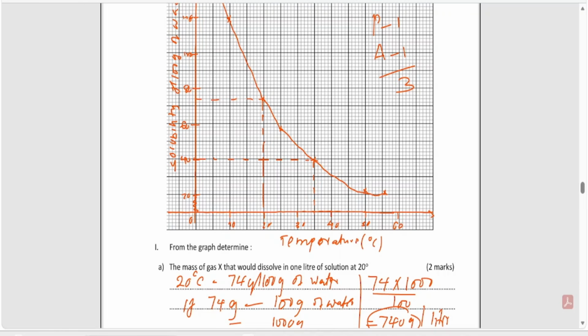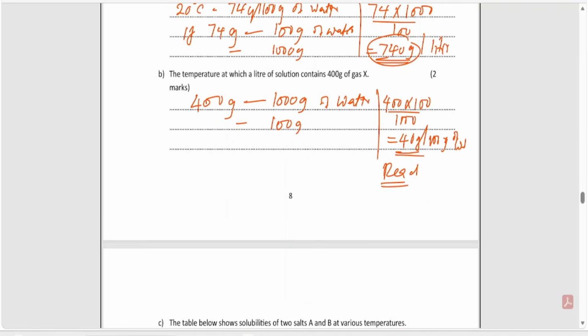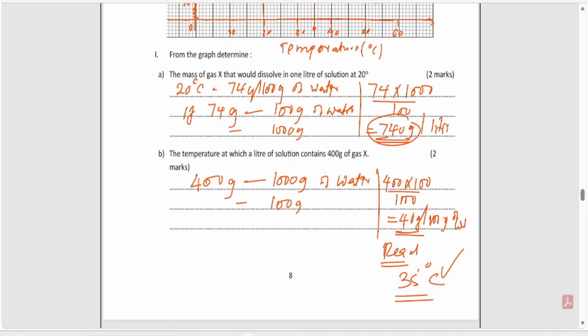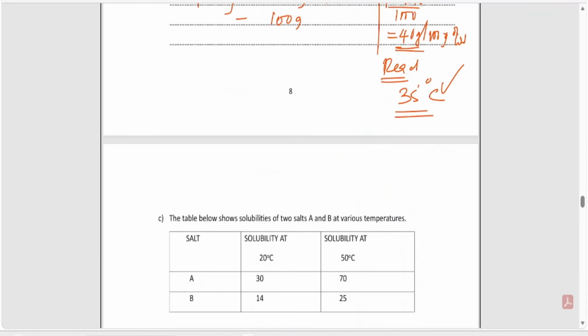I notice that the temperature is 35, and everybody can see it is at 35. So the temperature there is 35 degrees Celsius. This can differ depending on the scale that you have used and the graph that you have drawn. So you read and you show using a dotted line on the graph. So here we have tackled our graph.